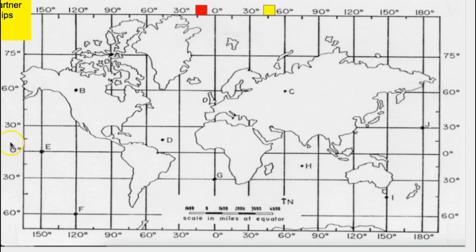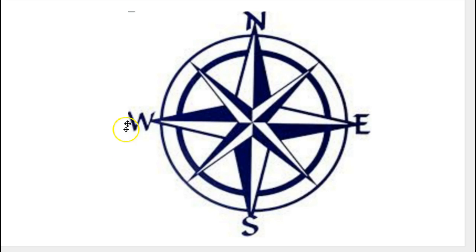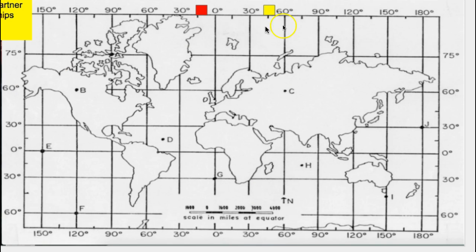Now, the 0 line here on the longitude lines going up and down, that is the prime meridian. That is a longitude line. And everything on this side of the 0, using our compass, is going to be west.